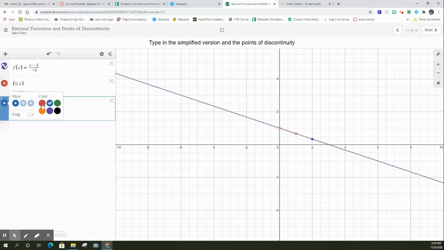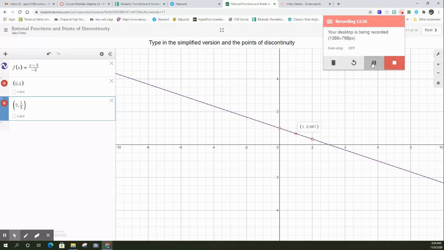Make it red, empty circle. So there we go. Don't know why that point is there. Well, I'm going to have to go back in and fix the activity. That should not be there. So the 2 holes are 0, 1 and 2, 1/3.